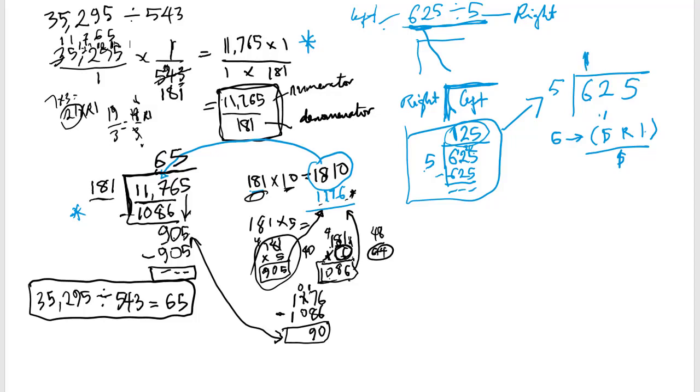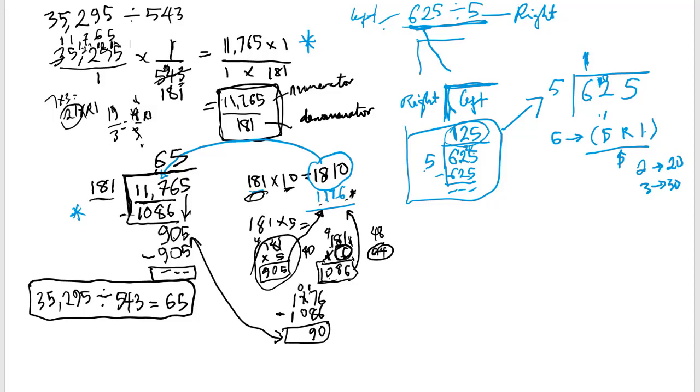Then this remainder, you take it to the next number, and once you take it to the next number, it becomes 10. If it's 2 you're taking to the next number, it becomes 20. If you take 3 to the next number, it becomes 30. So you add it to that number.